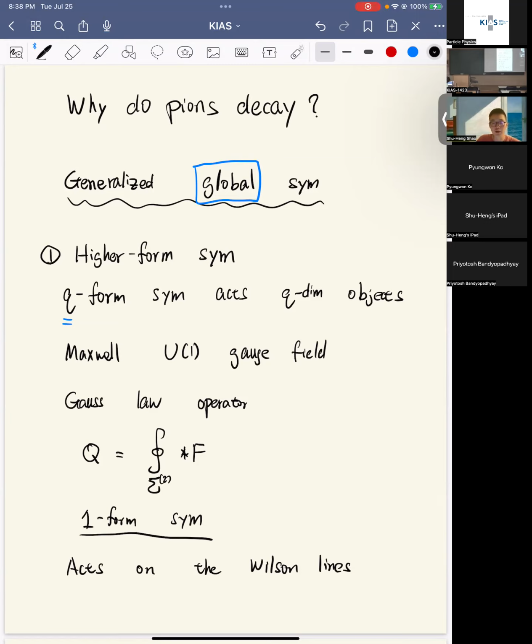This, for example, arises in the context of particle-vortex duality in condensed matter physics. Such duality highlights the fact that gauge symmetry is not something intrinsic to the quantum system. It's a very useful description in some weak coupling regime of the system, but it might not be a fundamental concept of the quantum system.